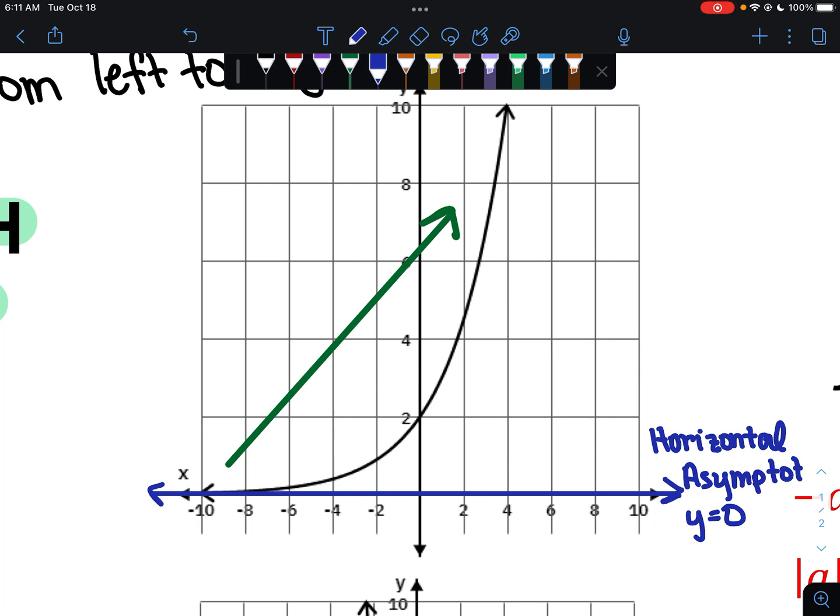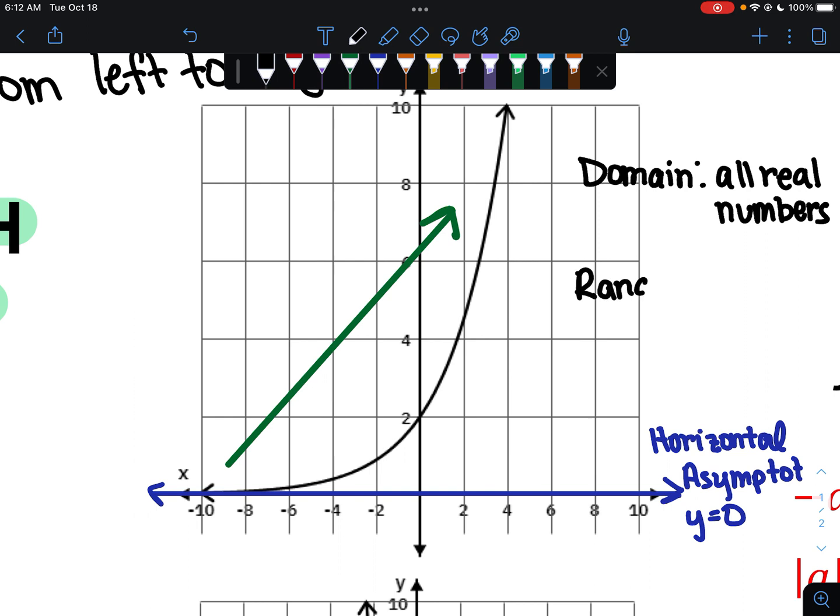Okay, so when we're talking about domain and range, the horizontal asymptote is going to affect our range. Something you need to know is the domain of all exponential functions is all real numbers. And our range goes based off our horizontal asymptote.